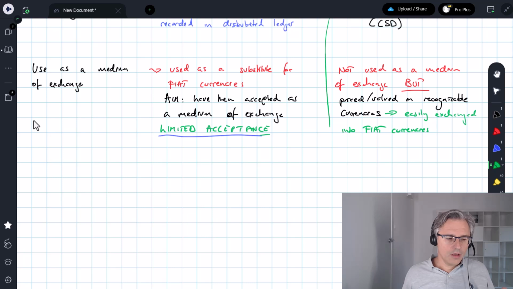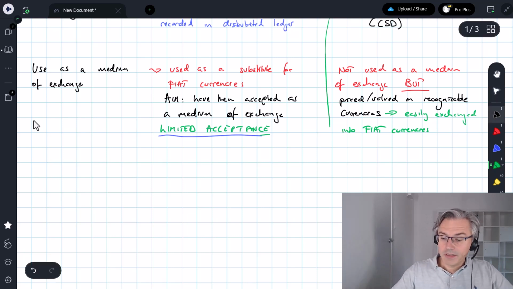So it's still being held back by the transaction costs, which are simply too high for this to become a medium of exchange for high volumes. That's one of the reasons, and there are legal reasons as well, right?